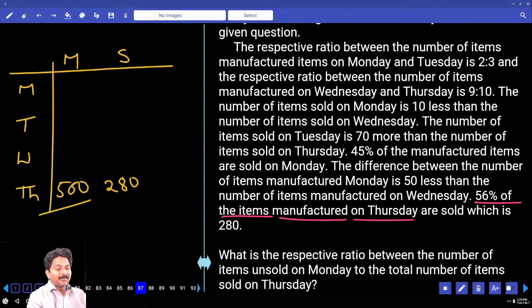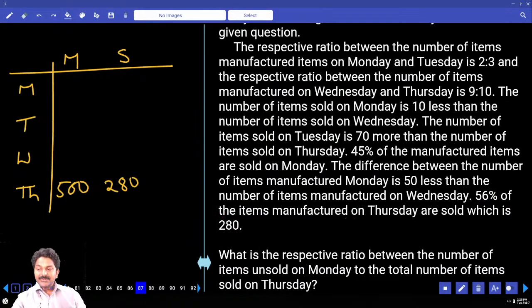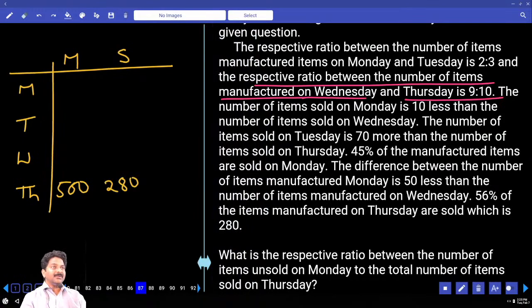Now because I know manufactured items on Thursday, I want to look for that data. The ratio between items manufactured on Wednesday and Thursday is 9:10. 10 parts is 500, 1 part is 50, so Wednesday is 450.